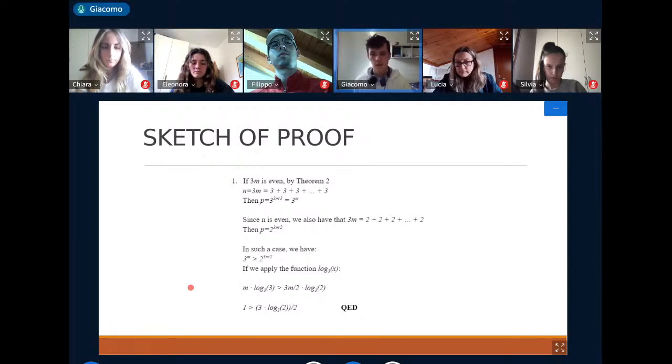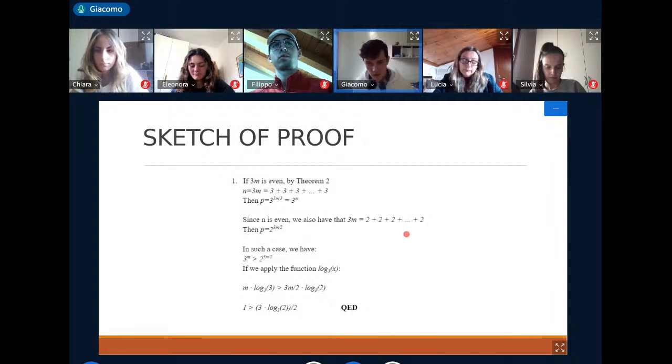Since n is even, we also have that n equals 2 plus 2 plus 2 plus 2, a number L of times, and so we have that p equals 2 to the power of 3m over 2.